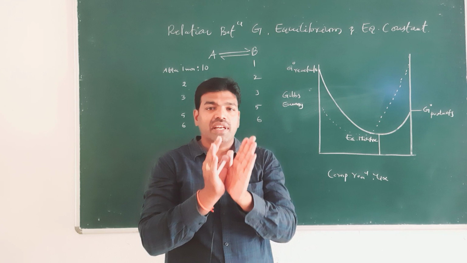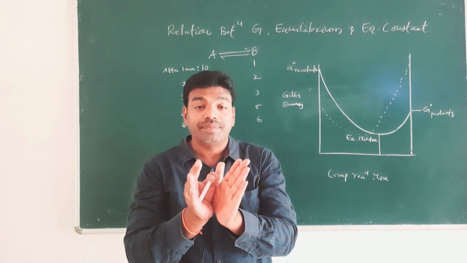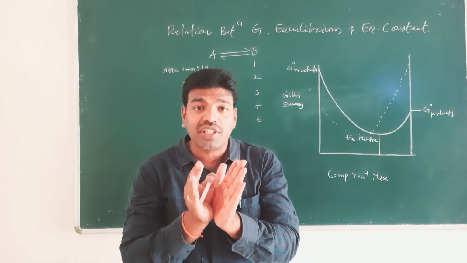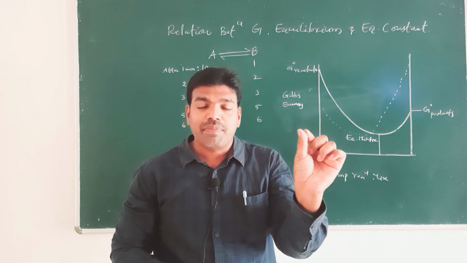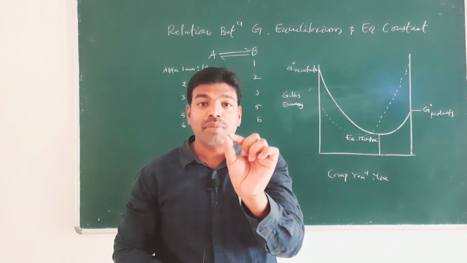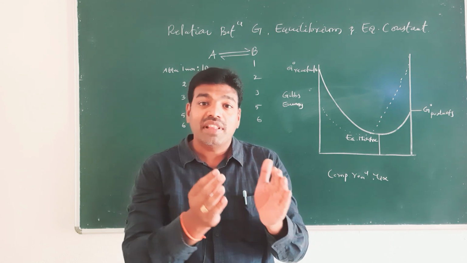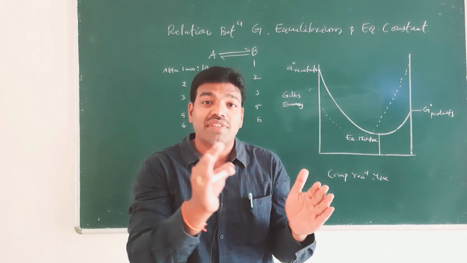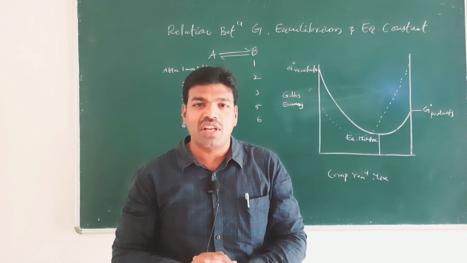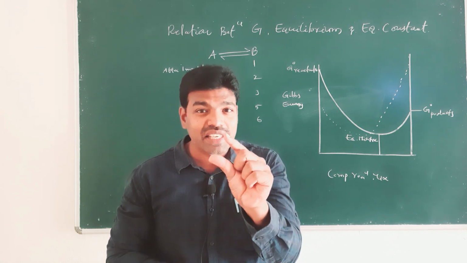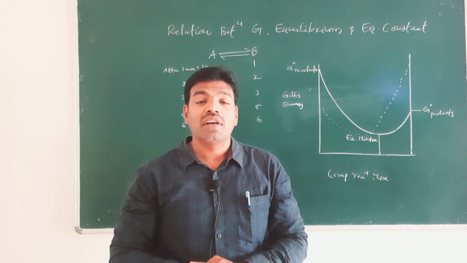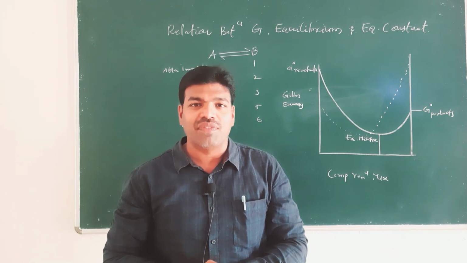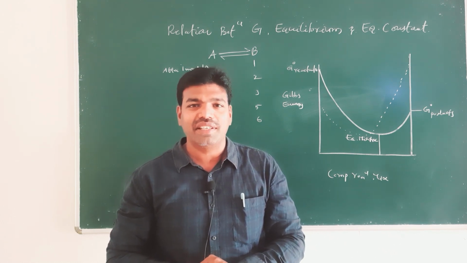Therefore, we can conclude that with the reaction progress, the composition of the reaction mixture becomes constant when equilibrium is established, where Gibbs energy is a minimum. That is called the minimum Gibbs energy of the reaction mixture.